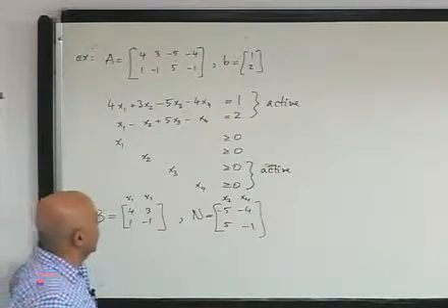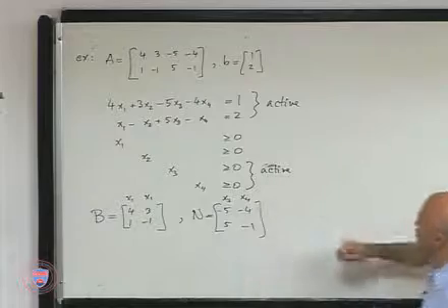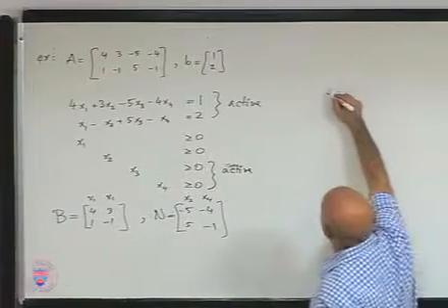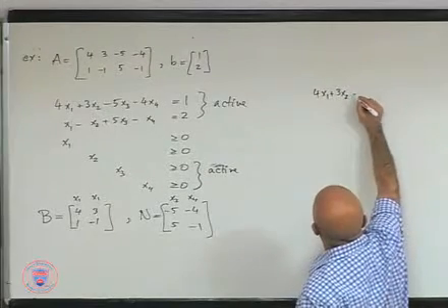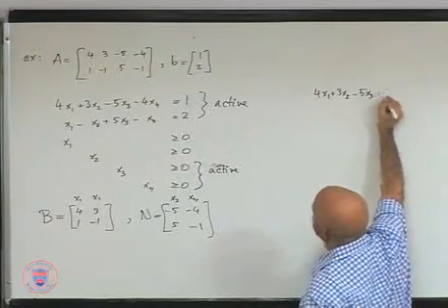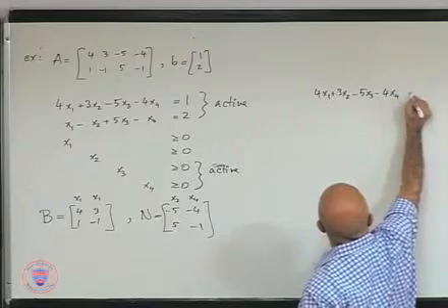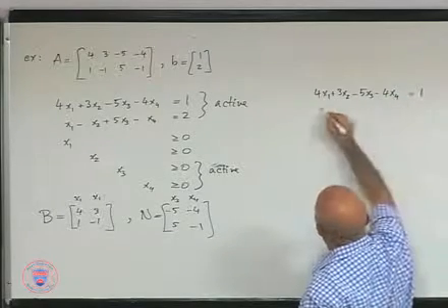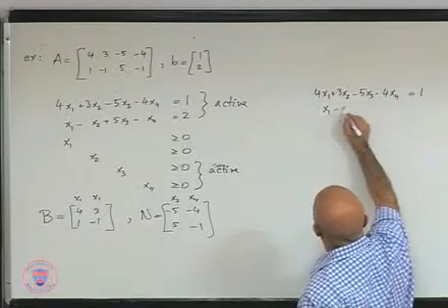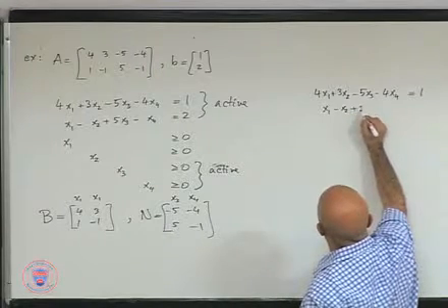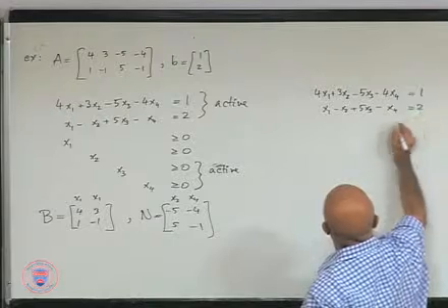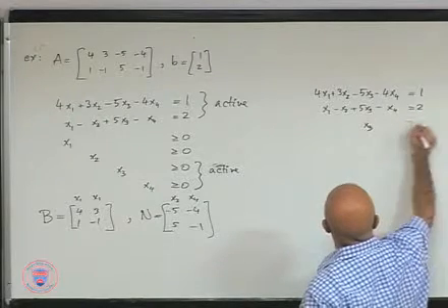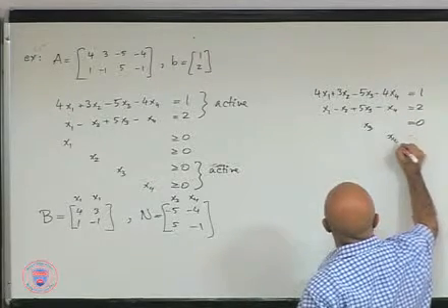So the system we have with these active ones reduces to 4x1 plus 3x2 minus 5x3 minus 4x4 equals 1, x1 minus x2 plus 5x3 minus x4 equals 2, x3 equals 0, x4 equals 0.